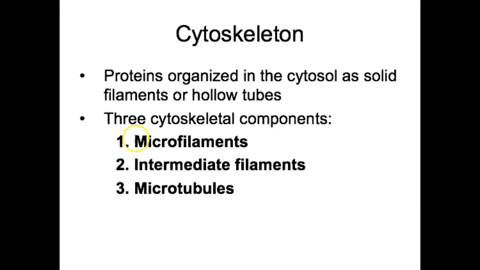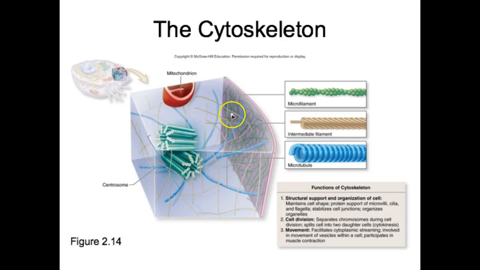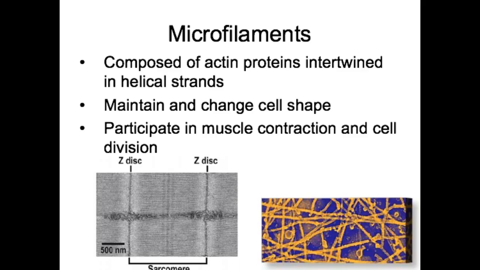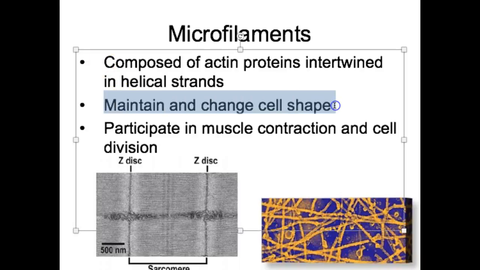So microfilaments, that's our actin. Microtubules, that's our tubulin. Microfilaments are all about cell shape. Breaking these down and building them up can change our cell shape, especially if that cell needs to move around.